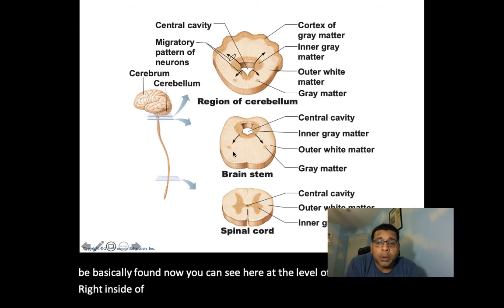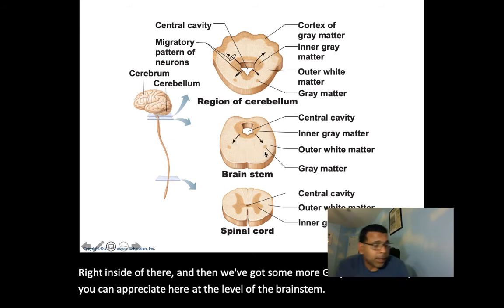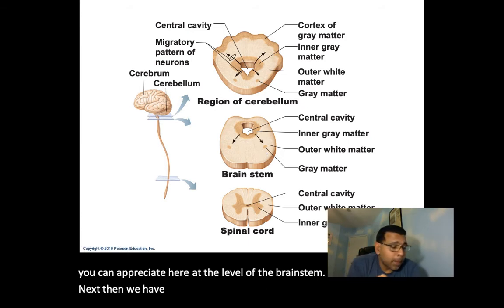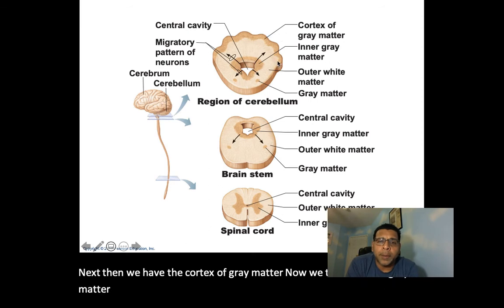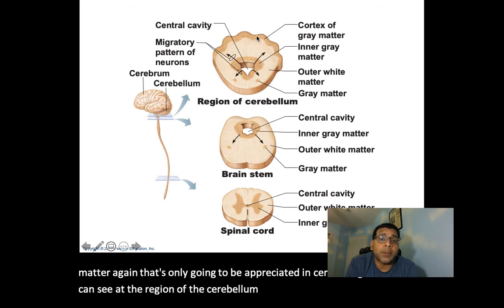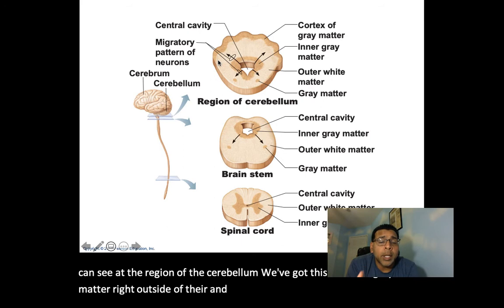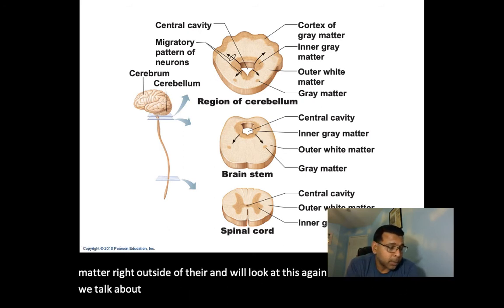Then we've got some more gray matter nuclei at the level of the brainstem. Next we have the cortex of gray matter, which is only appreciated in certain regions. Here at the region of the cerebellum, we've got this cortex of gray matter right outside. We will look at this again when we talk about the cerebral hemispheres.